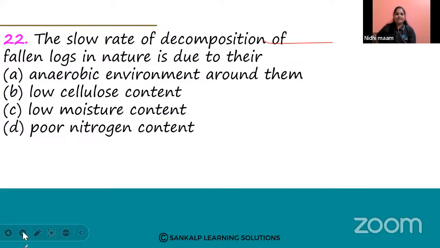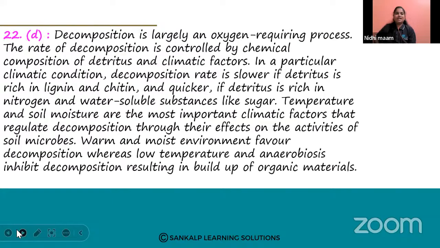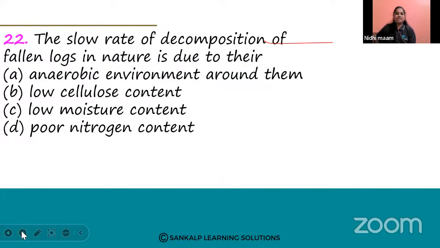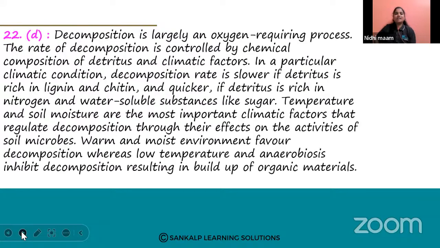Okay, let us check the answer. The right answer is option D, poor nitrogen content. It will have cellulose, the moisture content will be good, and the anaerobic environment will not be there, because logs usually fall in the forest, so oxygen will be there. So the right answer is option D.